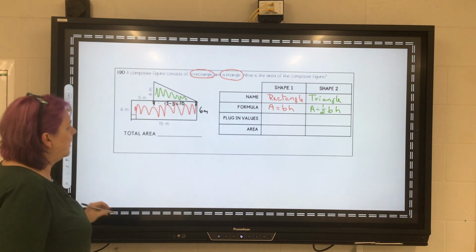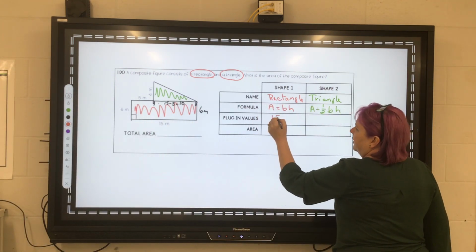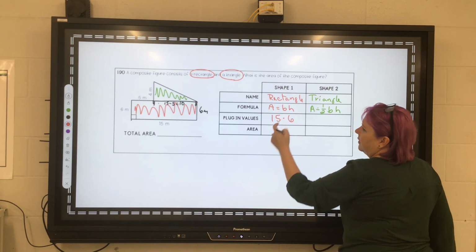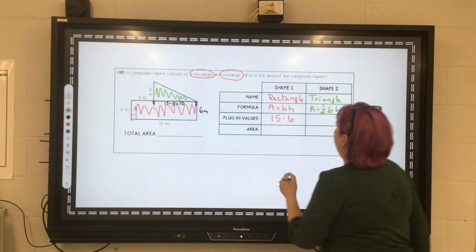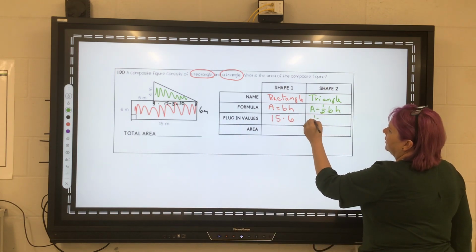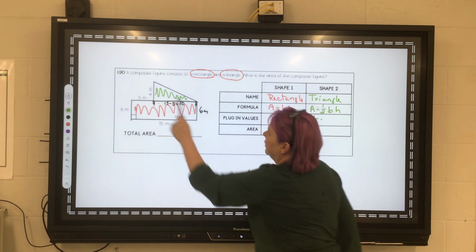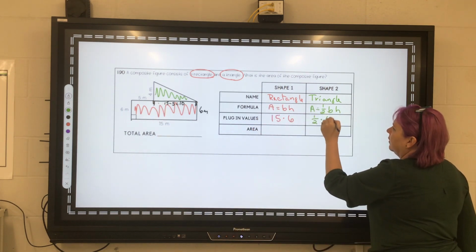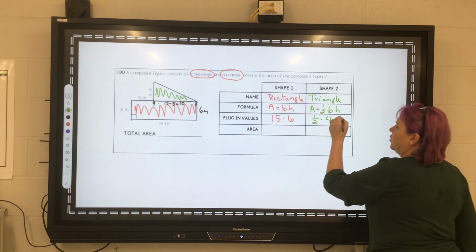And now I'm going to plug in my values. My base is 15 and my height is 6 for my rectangle. For my triangle, it's half of my base, which is 4, times my height, which is 10.